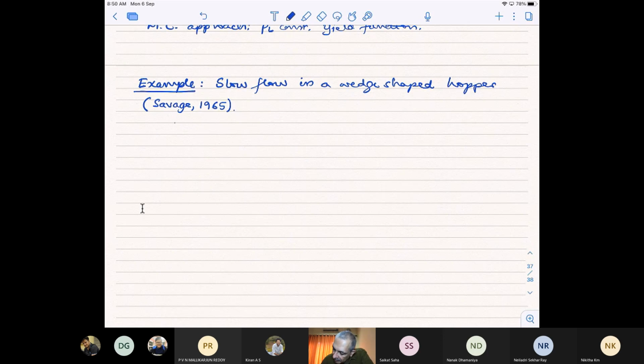So what do we mean by a wedge-shaped hopper? So you can imagine one plate like this and another plate like this. So these are two plates. And the granular material is between these plates.